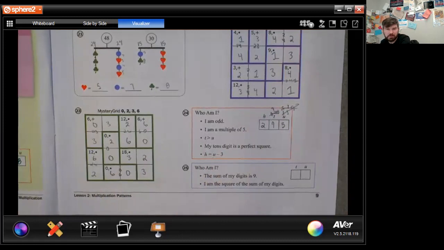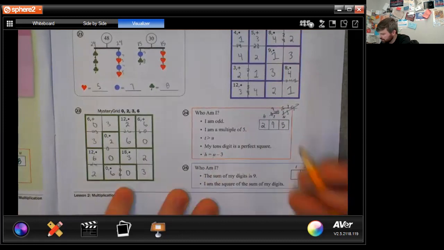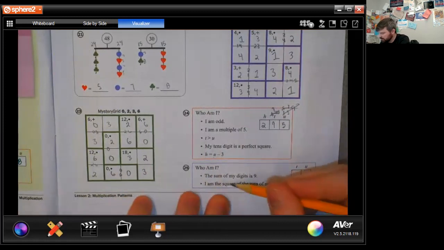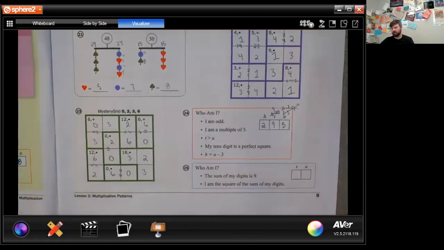Who am I? The sum of my digits is 9. So if I add these two, I get 9. So that's like 1 and 8, 3 and 6, something like that. I am the square of the sum of my digits.